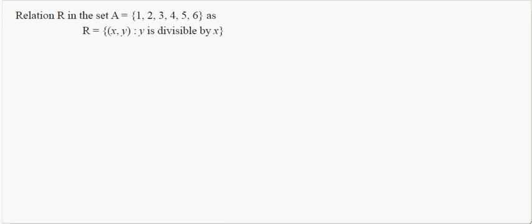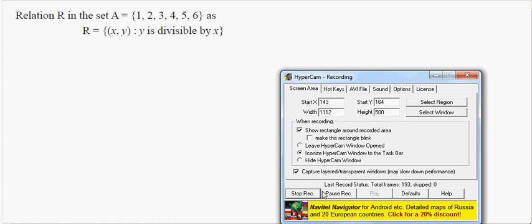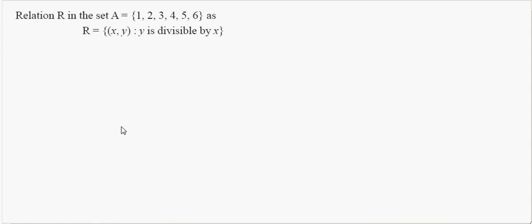Next, we'll see an example, that is relation in set A, where A is 1 to 6 and R is given by the relation y is divisible by x. So we'll check one by one property. Reflexive. Reflexive means what? Any number related to itself. So if I say (1, 1), 1 is divisible by 1, because y by x, 1 by 1.